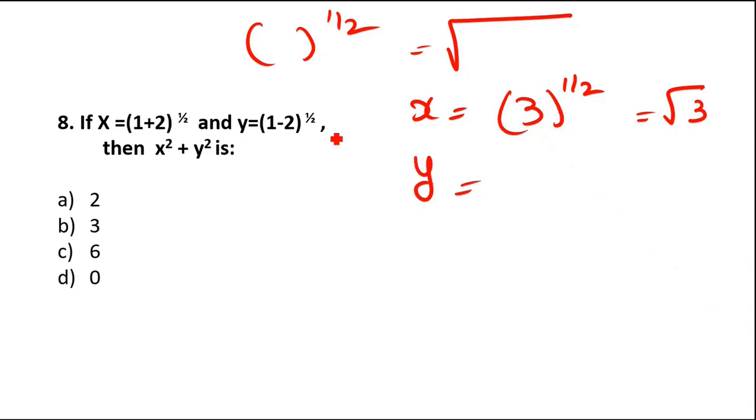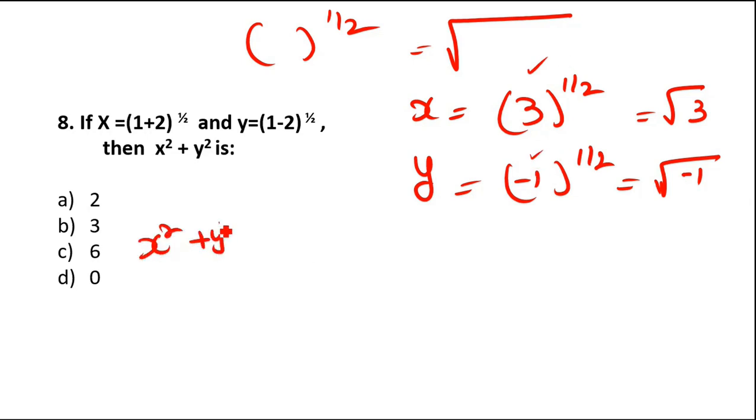Next, y is equal to 1 minus 2. That is minus 1 whole power 1 by 2. You can write it as under root minus 1 or otherwise you can use the same. So x square plus y square.